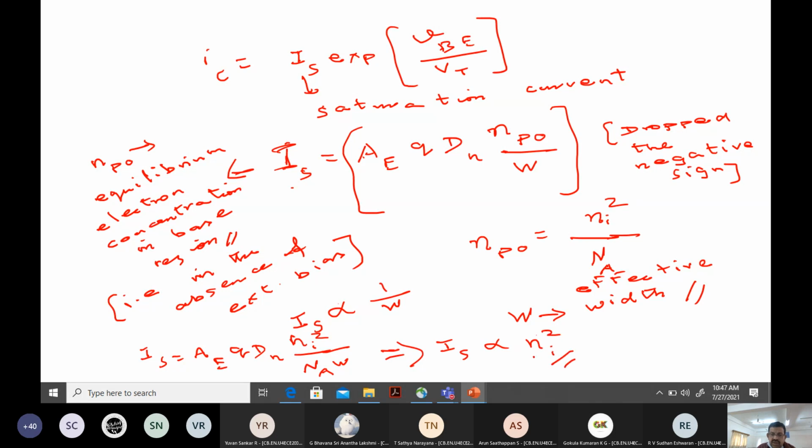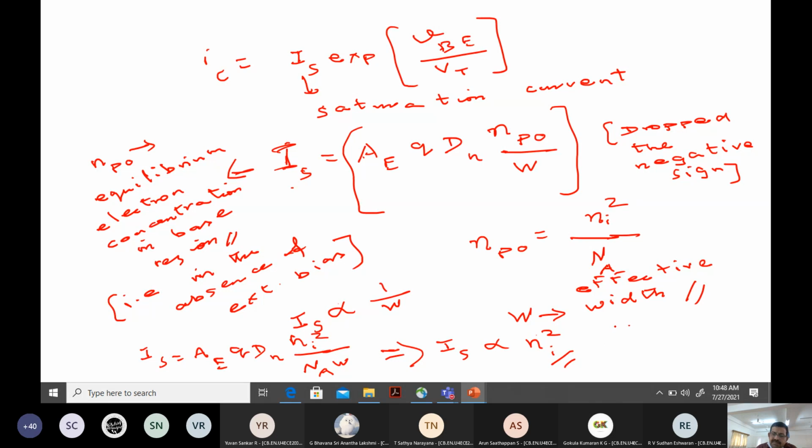And we know the intrinsic carrier concentration increases with temperature, and the relationship is T power 3 by 2. It is a different relationship that goes in solid state devices, but it doesn't matter.